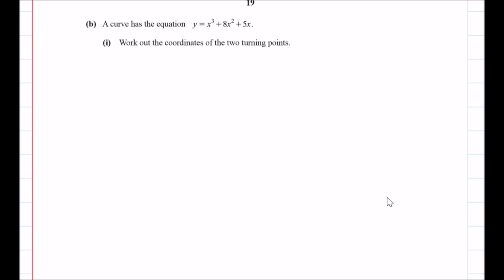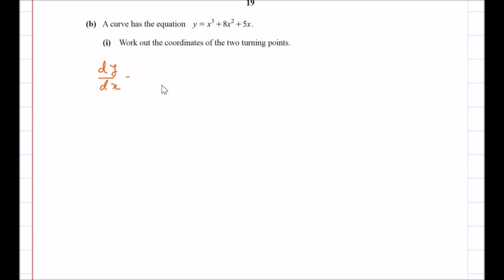We have learned differentiation, right? So using differentiation, first of all we need to differentiate this, next set to 0 because at turning point dy by dx is 0, right? And then we will solve for x. Let's do that.